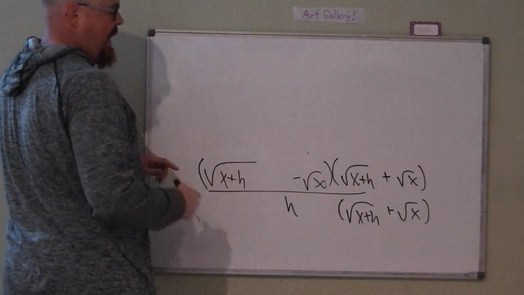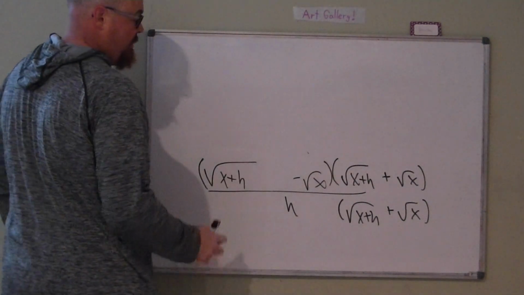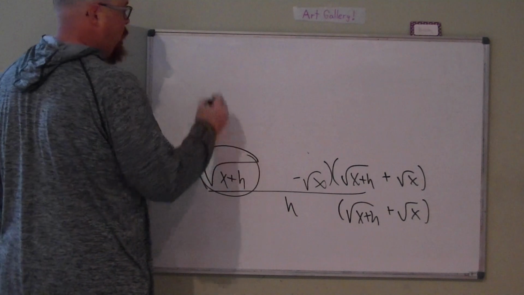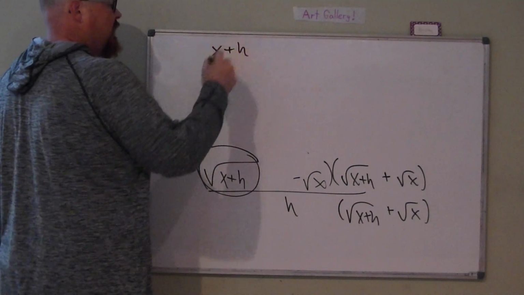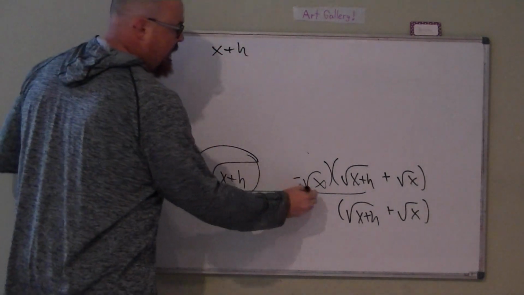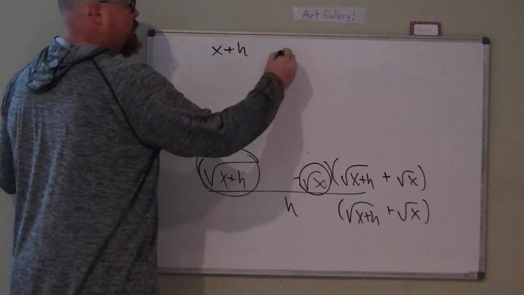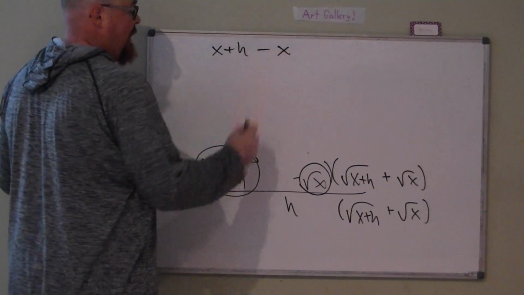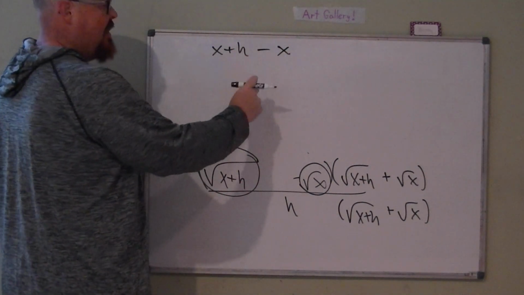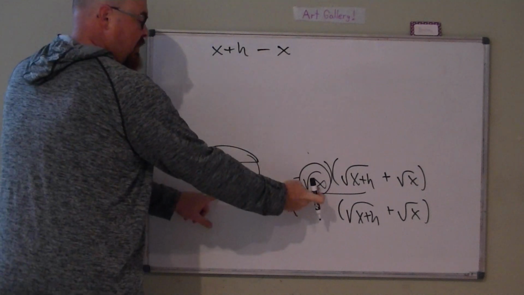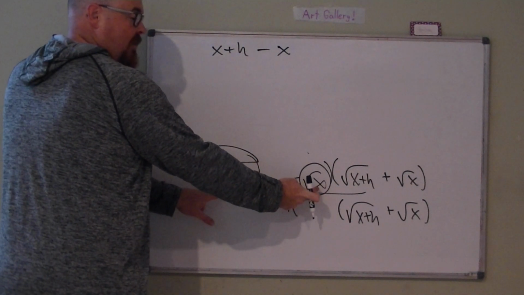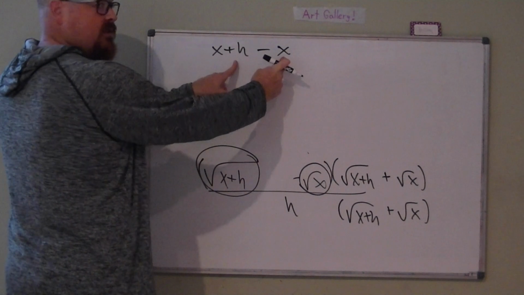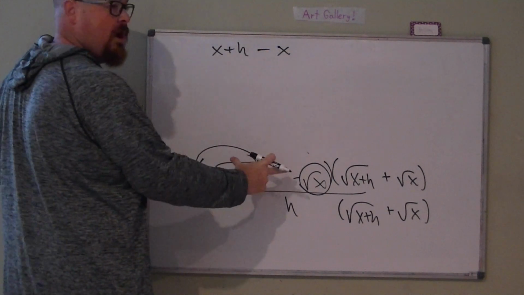Okay, now what happens when we multiply conjugates? We get this term squared, which would just be x plus h, and we get this term squared, which would just be x, and we get a minus. This is the difference of these two things squared. If I square each one of these separately, I get these, and we have the difference of their squares.